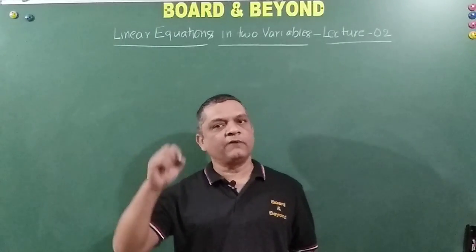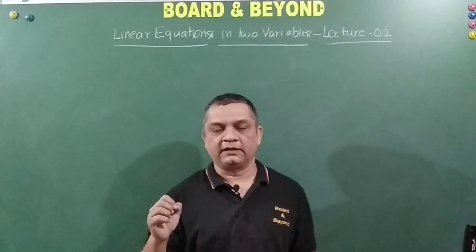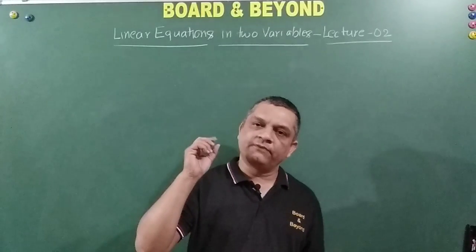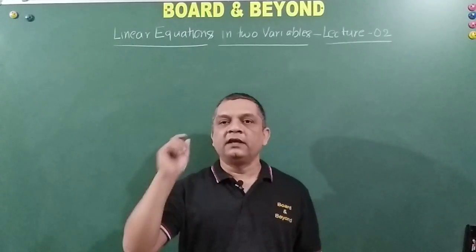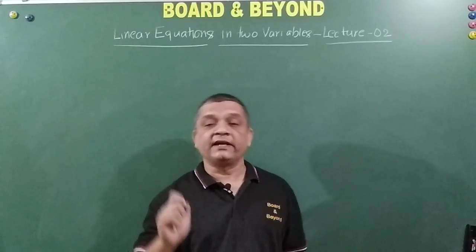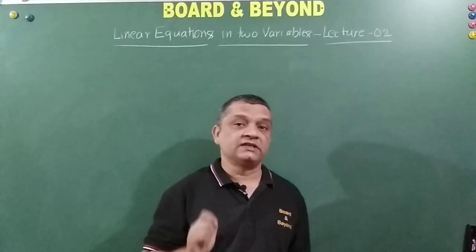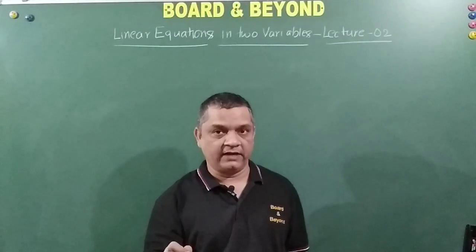If the values of x and y which you have found satisfy both the equations simultaneously, then we say that this is a simultaneous linear equation, right?